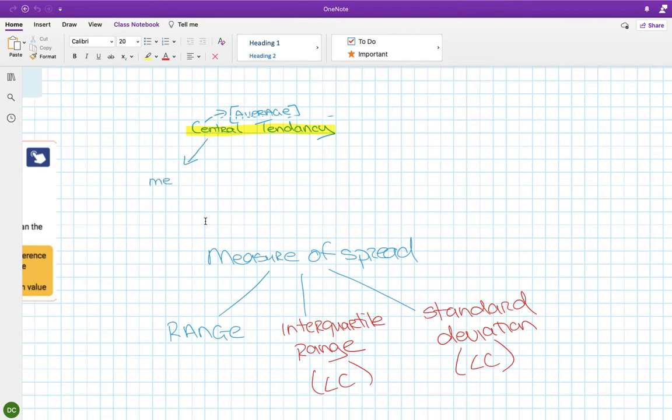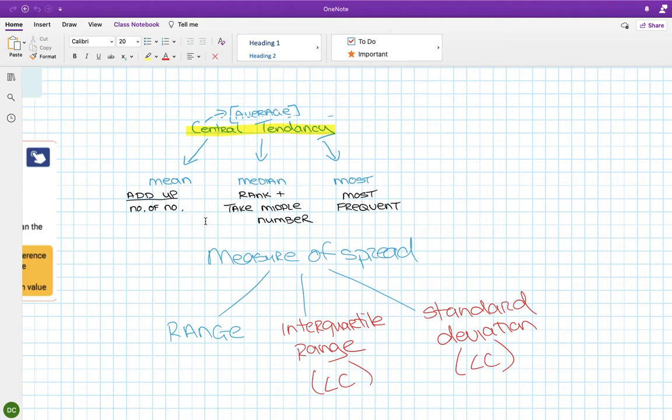The first one is mean, and that's where we add up and divide by the number of numbers. The second one is median, and that's where you rank and take the middle number. And the third one is mode, and that is the number that appears most frequently in the data.